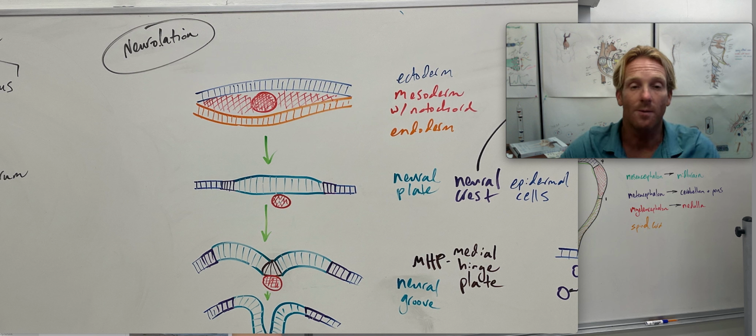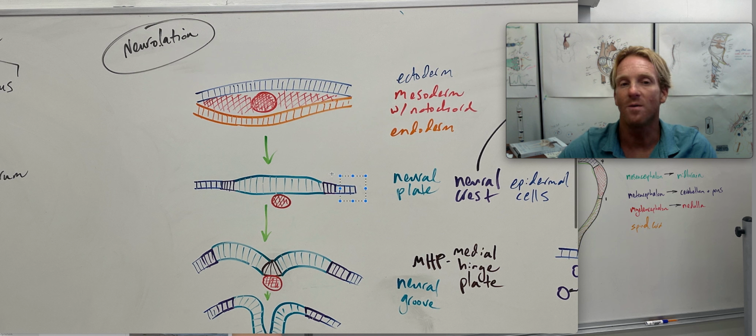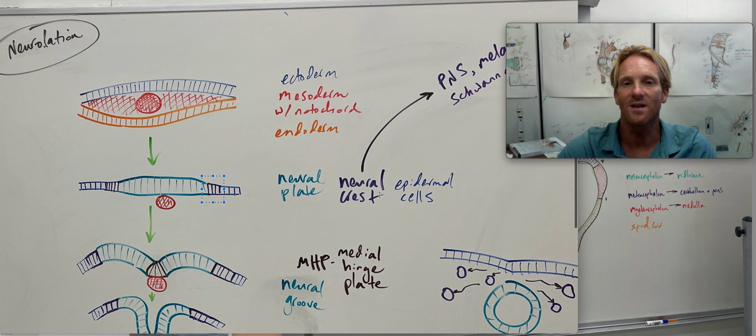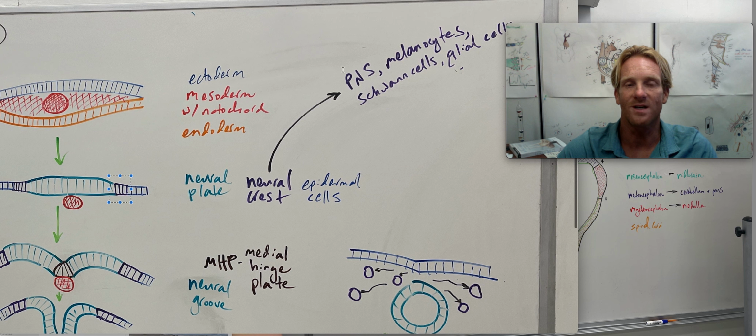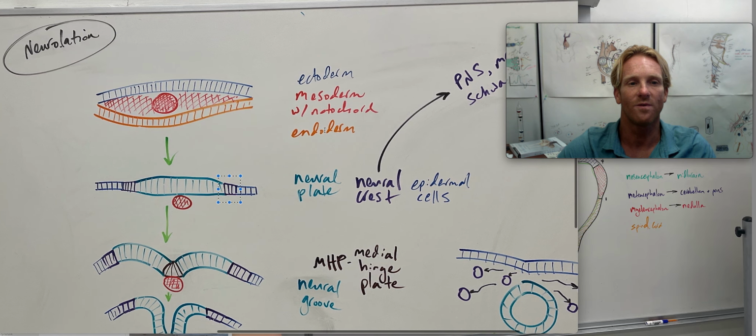And the neural plate ultimately becomes the nervous system. The rest of these cells out here on the side are going to become the epidermis. These cells right in between are going to become the neural crest cells, and as we'll learn later, the neural crest cells ultimately become the peripheral nervous system, melanocytes, which are cells that produce melanin, Schwann cells that wrap around and insulate the axons of our neurons, and glial cells, which help to support neurons as well.